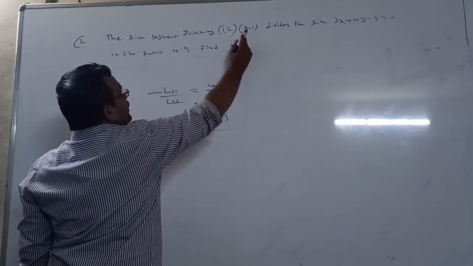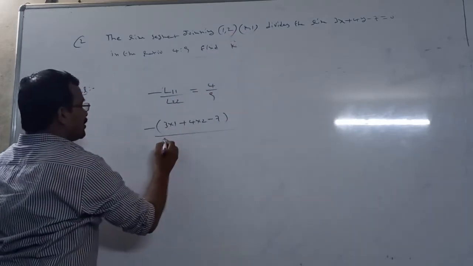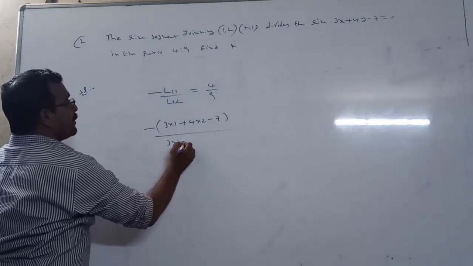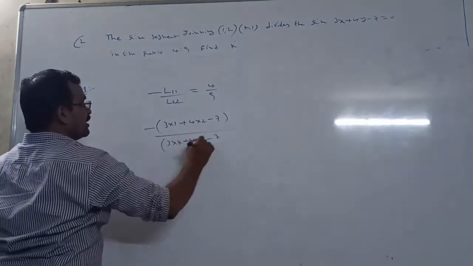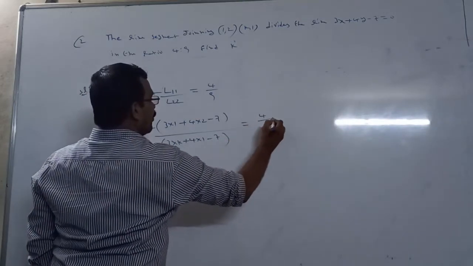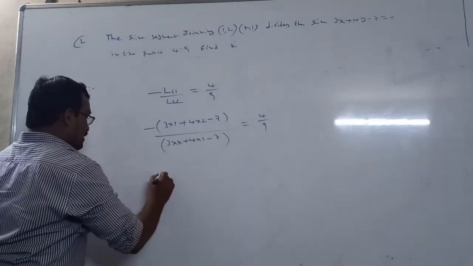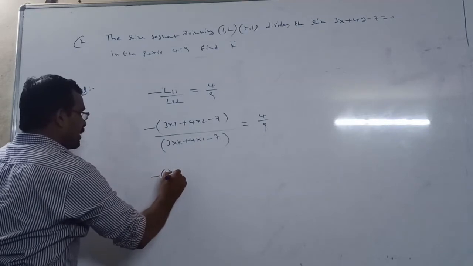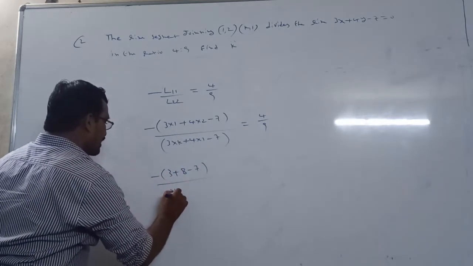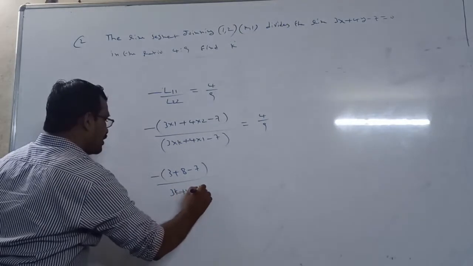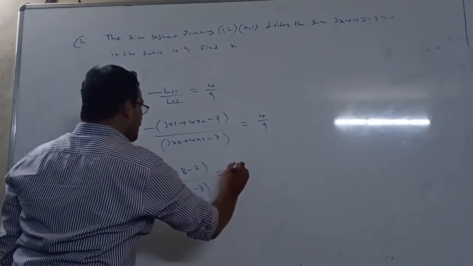Here x2, y2 means k, 1: 3 into k plus 4 into 1 minus 7. That equals 4/9. Now 3 ones are 3, plus 8, minus 7, by 3k plus 4 minus 7, equal to 4/9.